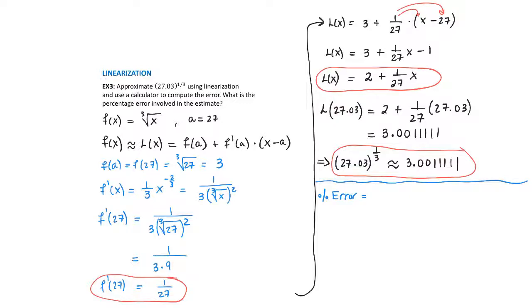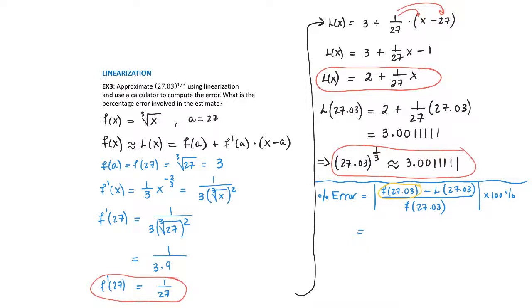We already know that the percentage error will be equal to the absolute value of the actual value of the function at 27.03 minus the estimate given by the linearization, L of 27.03, divided by the actual value, f of 27.03, times 100%.